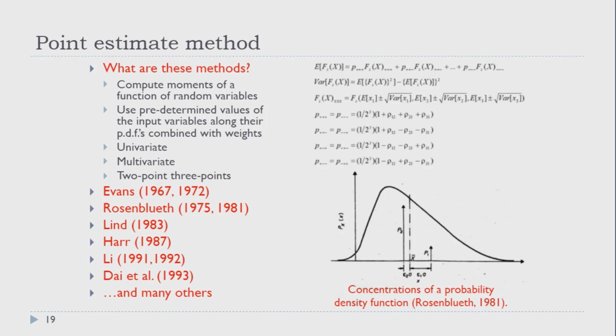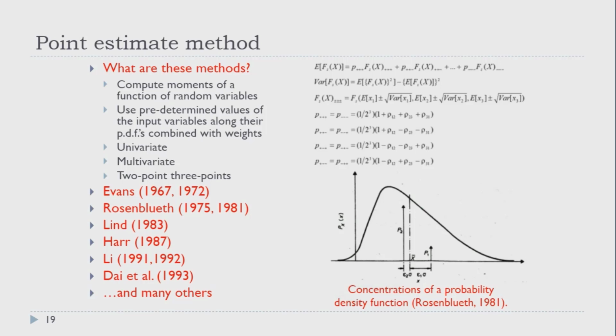So we add and subtract one standard deviation, and then we multiply the result by a weight. This combination of points and weights was determined based on the matching of moments. Basically, it's a moment matching concept.